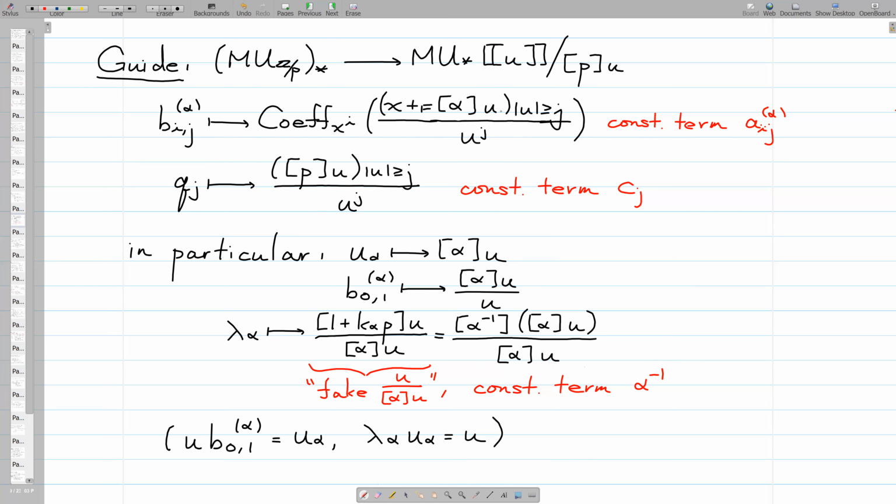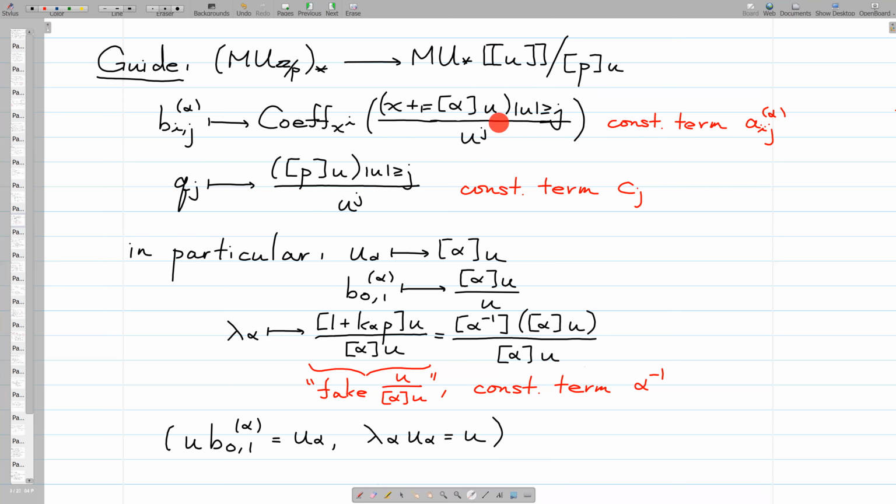And again, we can peel off, take only the terms where U has power at least J, which allows us to divide by U^J, and you take only the terms where X has exponent exactly I. So that lands in here. So Bij alpha corresponds to this element of MU star U over the P series.